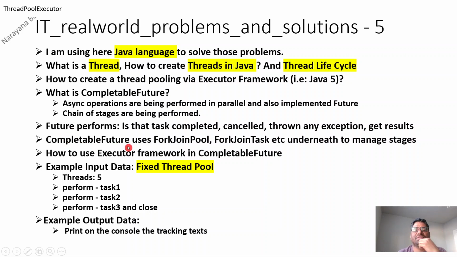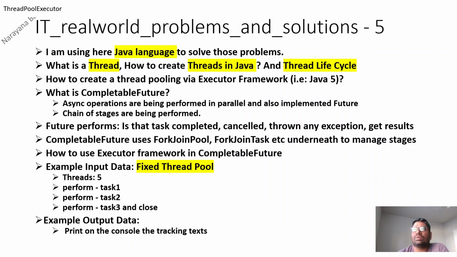And CompletableFuture uses another set of APIs internally to solve our problem easily, such as ForkJoinPool, ForkJoinTask, and so forth. Not only this, I just highlight here a couple of things. Likewise, they use the overall threading concept to manage different stages when we are performing asynchronous operations.